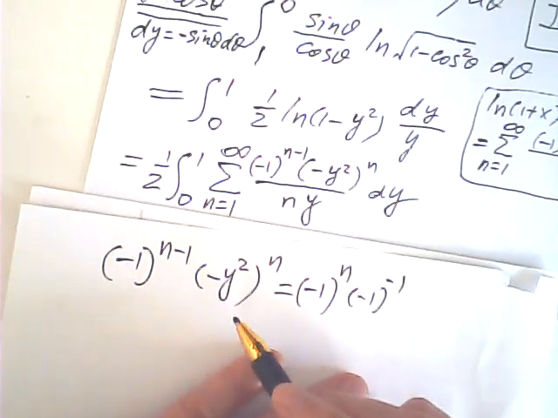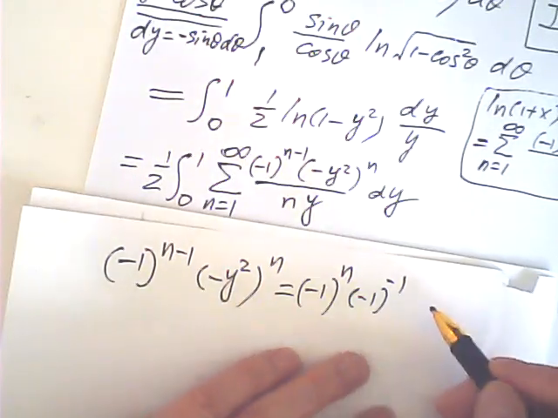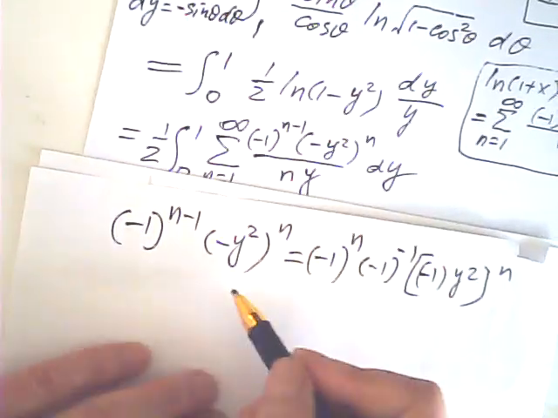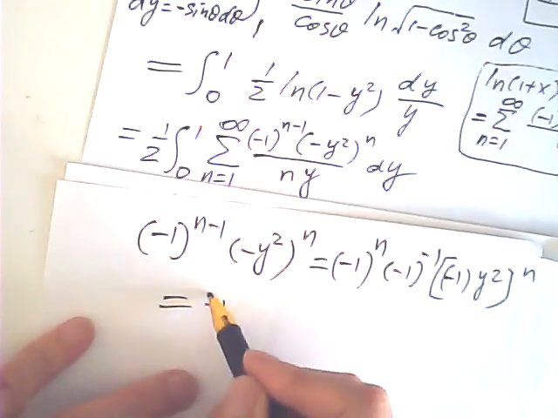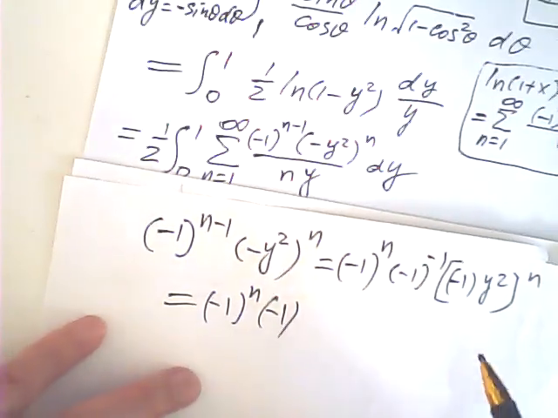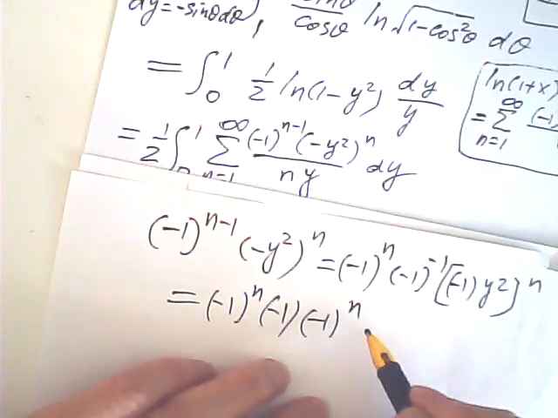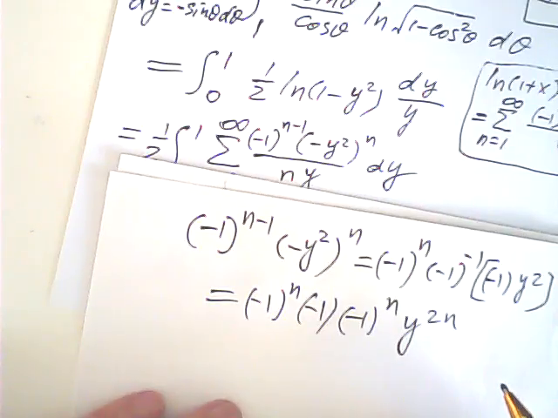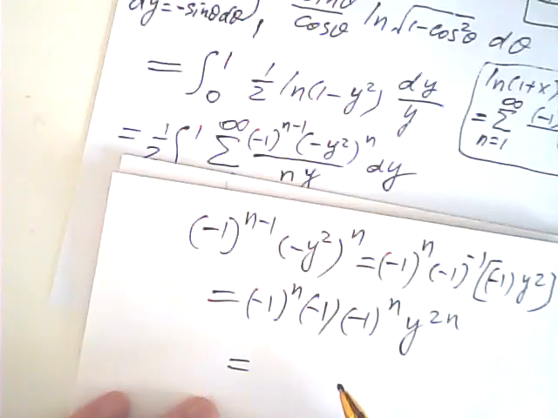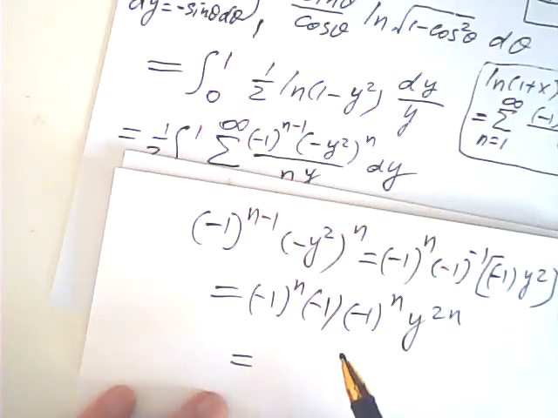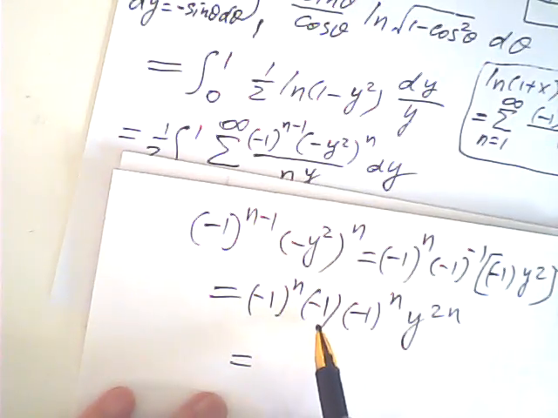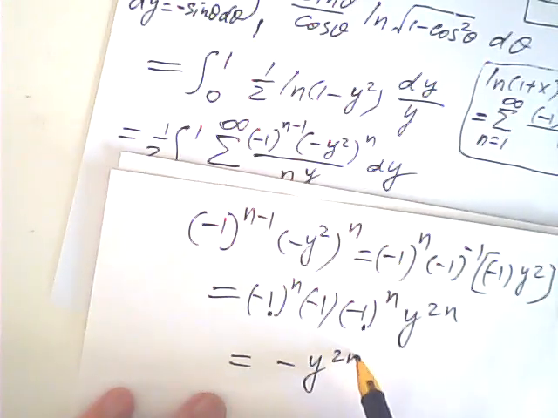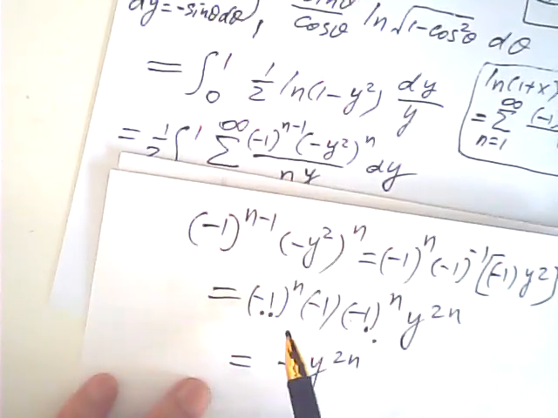And this is negative 1 to the n times y to the 2n. So this one is negative 1 to the n times negative 1. Negative 1 to the 2n is always positive.